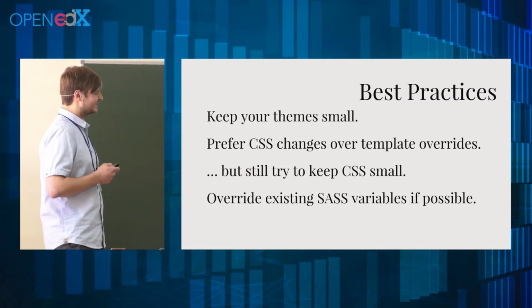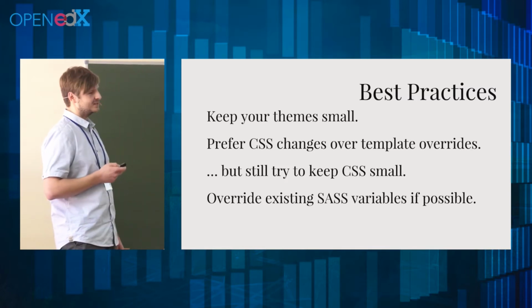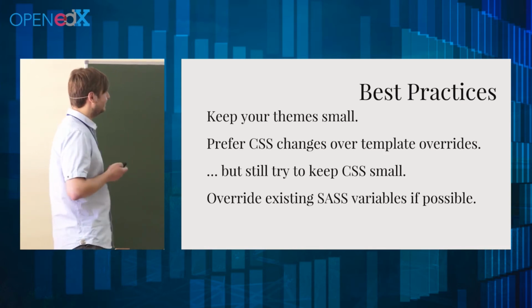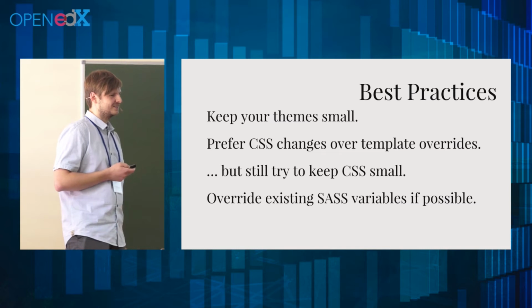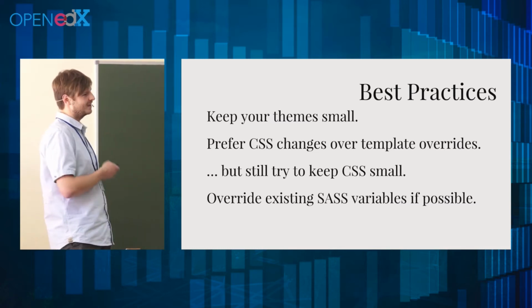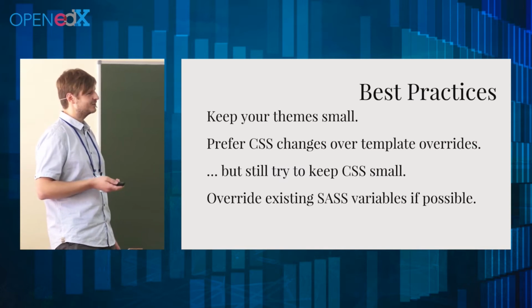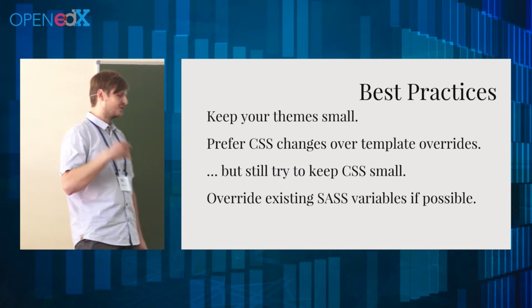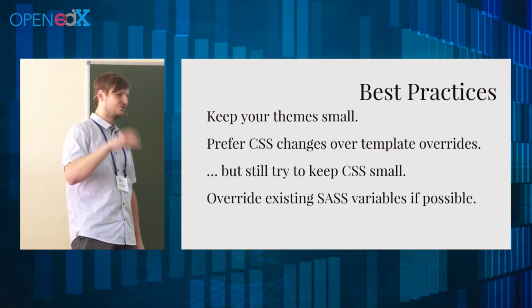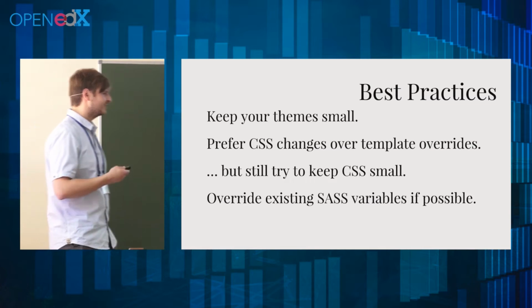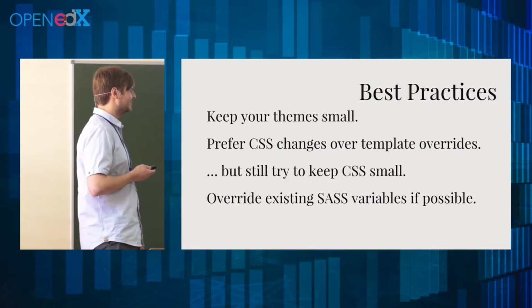The second thing is always prefer CSS changes over template overrides, because we found that template overrides are the worst. Templates change all the time, and every time you upgrade to a new release, you have to go through each template, figure out what has changed upstream, merge your changes back, and it takes a long time, and I'm sure nobody enjoys doing that.